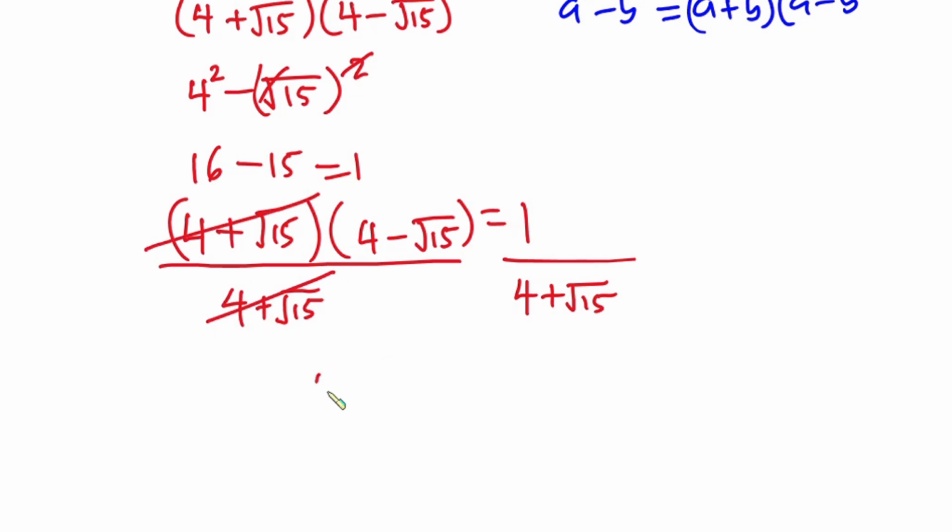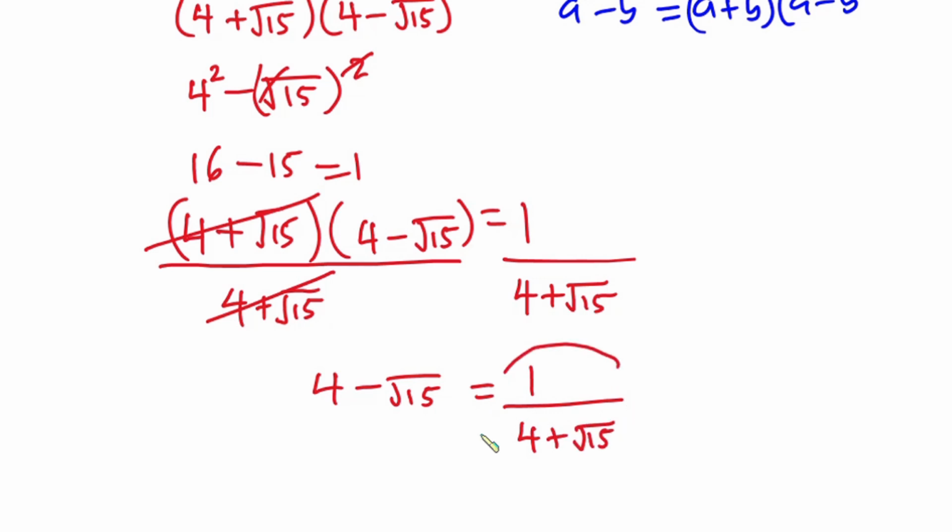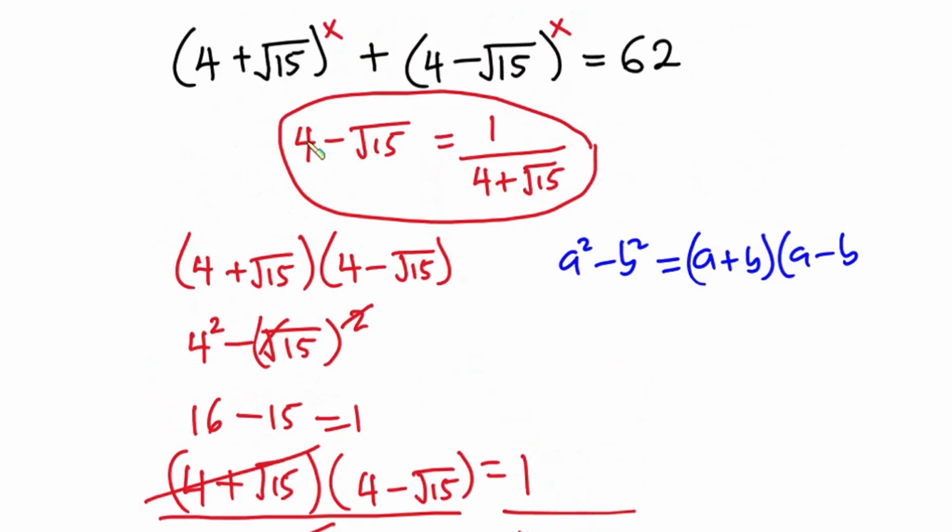Now we have 4 − √15 is equal to 1 over (4 + √15). So now that you have been able to answer the how, you can say that 4 − √15 is equal to 1 over (4 + √15).